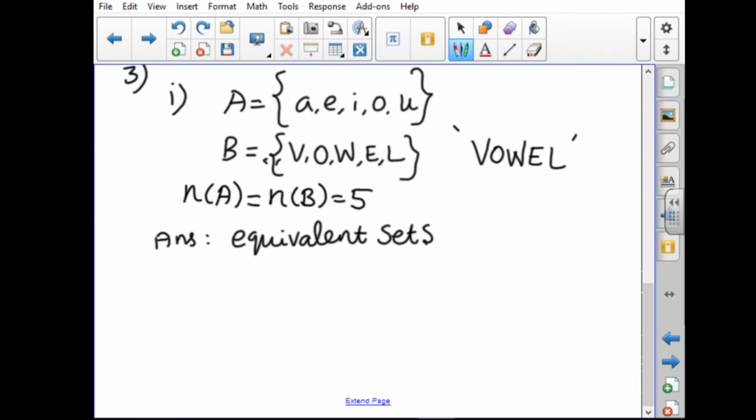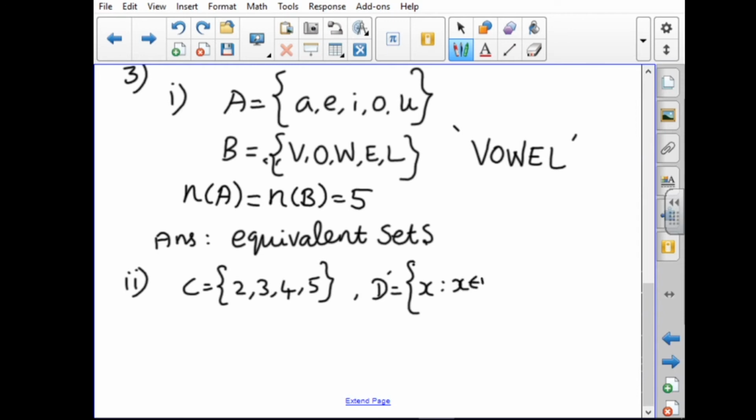Then the next one. C is equal to 2, 3, 4, 5. Then D is equal to the set of x such that x belongs to W, whole numbers, under the condition 1 less than x less than 5.